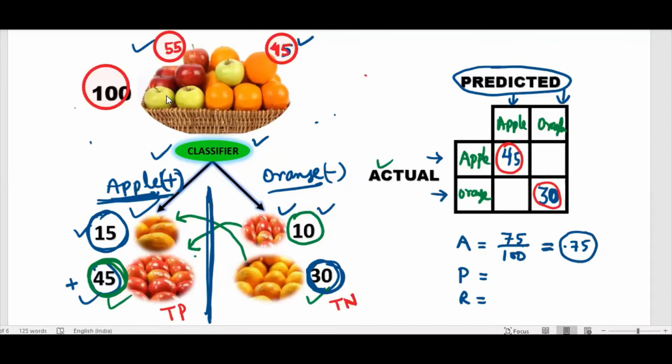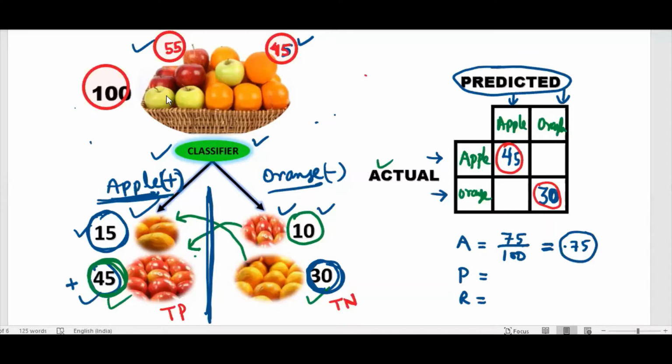If you consider the error, there are two errors here because it's a 2 cross 2. Now this 15 was classified by the classifier as apple. This is the positive, apple side. According to the classifier, this is apple, but we can see with our eyes this is not apple, this is orange. There is a problem here. So should 15 go here or here? What is the actual for this one?